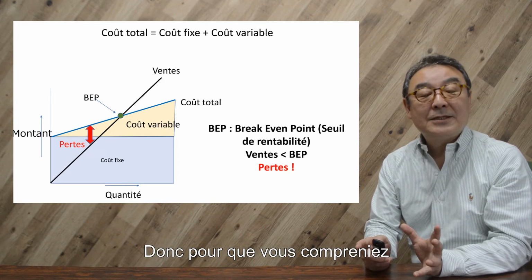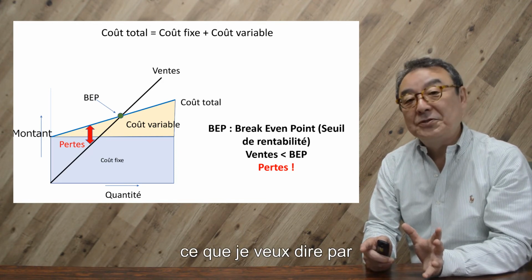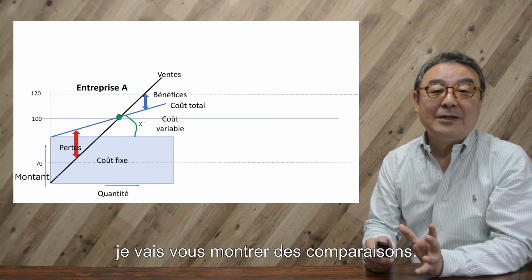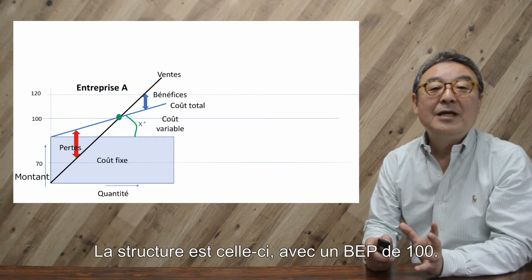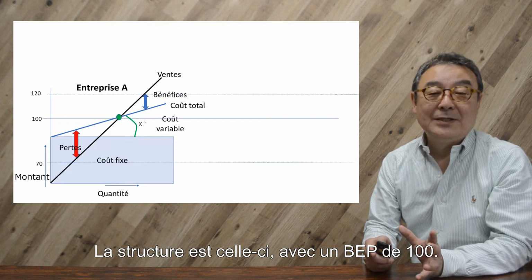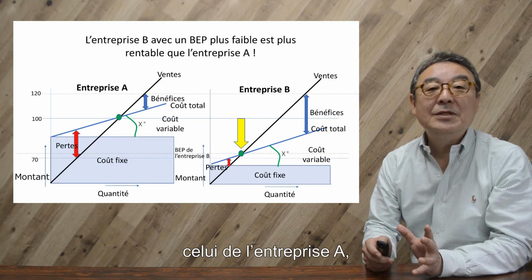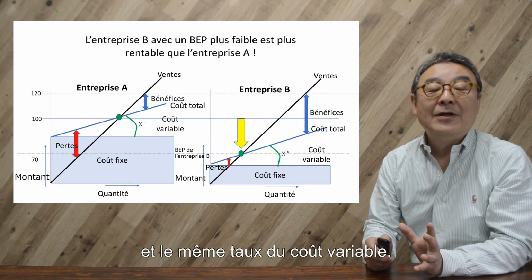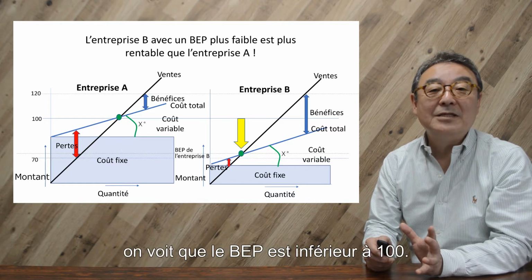So, to understand more deeply about management accounting, I have shown some comparisons. Now there is a base company A, structured like this, with BEP 100. And now there is B company, whose fixed cost is lower than A company, and the same variable cost ratio. In this case, we can recognize BEP is reduced from 100.